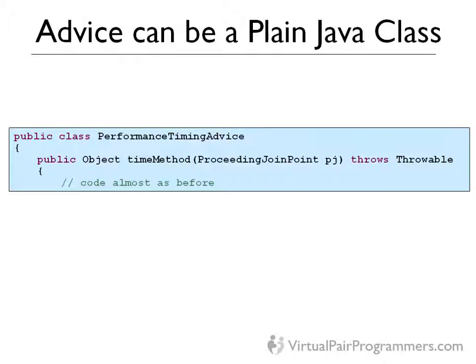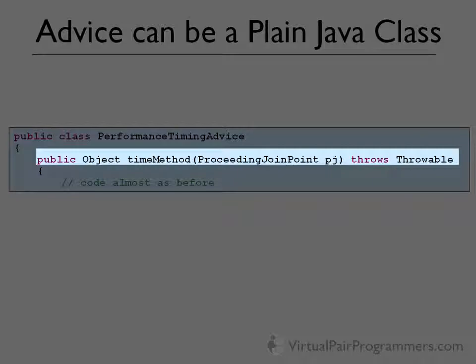Well, the first easy advantage is we don't have to remember to implement the interface, and we don't have to remember the interface name. But for me, the big improvement is that the method that we write, we can call anything we want. Whereas before it had the rather unpleasant name of invoke, now we can give it a meaningful name. I've called my performance timing method here time method, which just by looking at it, I can tell what this method is doing.